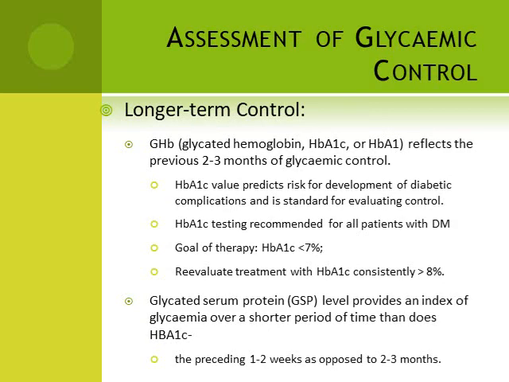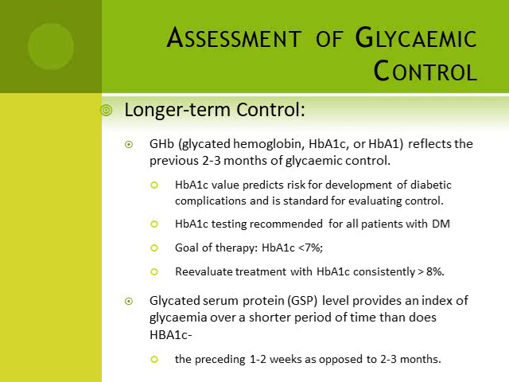When we are to assess the glycemic control, there is a very popular test known as HbA1c, glycated hemoglobin. It reflects the previous 2 to 3 months of glycemic control. HbA1c values predict the risk for development of diabetic complications and are a standard for evaluating the control. HbA1c testing is recommended for all patients with diabetes mellitus.